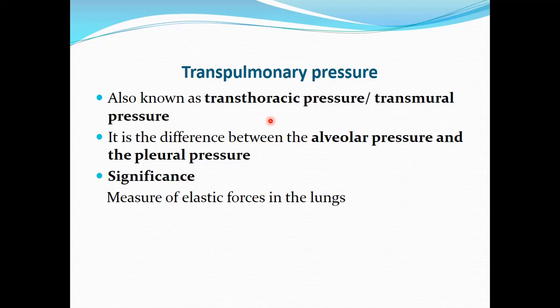Inside of the lungs we have the alveolar pressure, and outside the lungs we have the pleural pressure. So transpulmonary pressure is the pressure difference between the alveolar pressure and the pleural pressure. The transpulmonary pressure is the measure of elastic forces in the lungs.